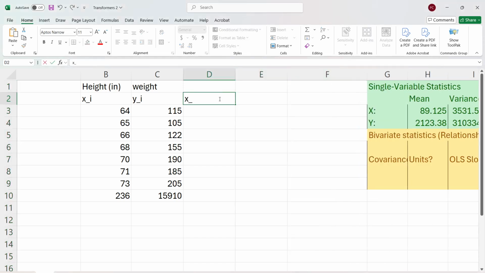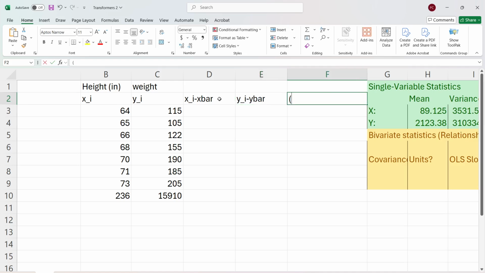So let's say xi minus x bar, yi minus y bar, and let's say, parentheses, xi minus x bar, yi minus y bar. I did drop the subscript over here just to save a tiny little bit of horizontal space. But let's do it. So what will it be?